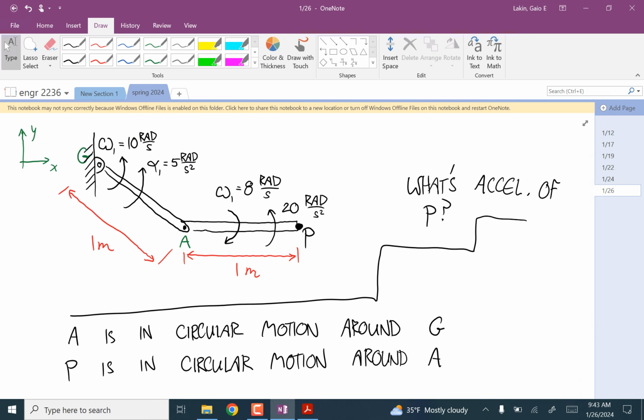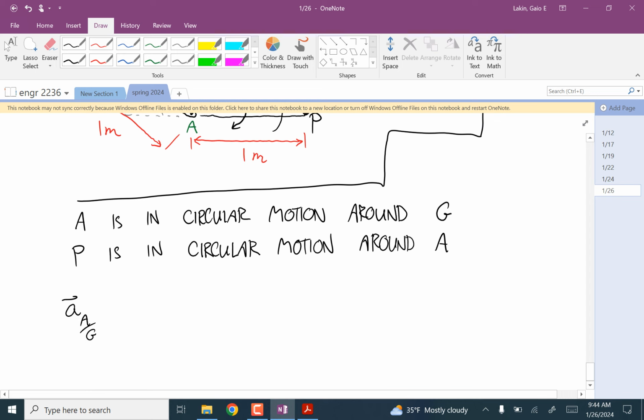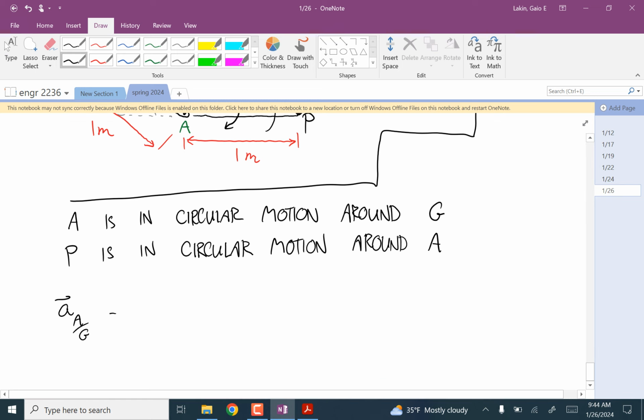Oh, I didn't give this angle. This is 30 degrees. This is getting kind of messy, but this angle is 30 degrees. Okay, so how do you calculate the acceleration in circular motion?